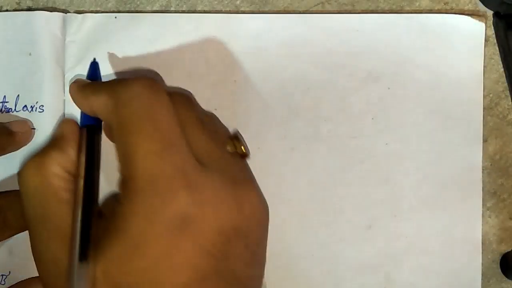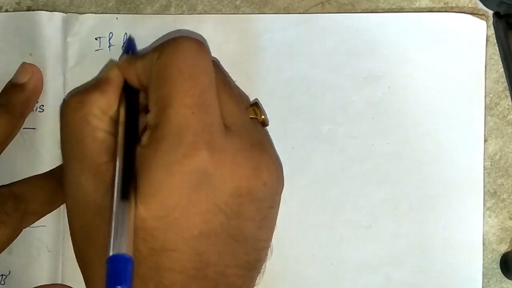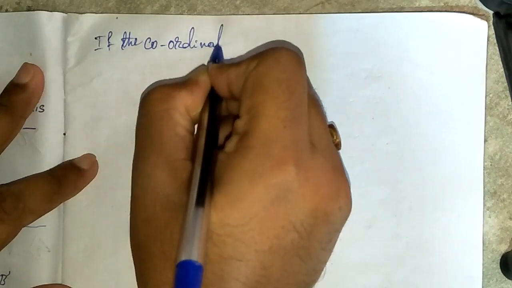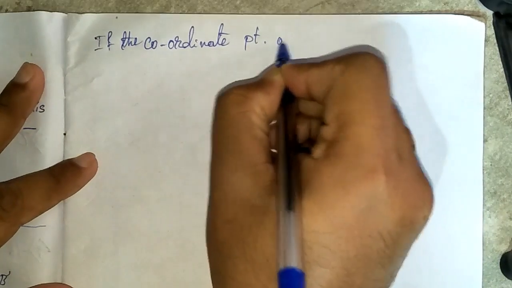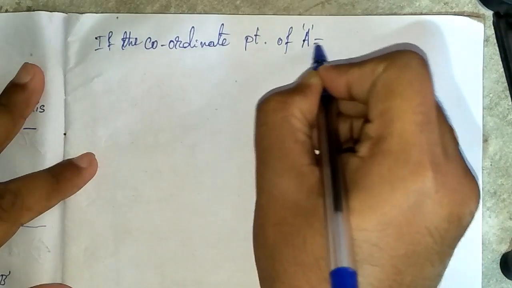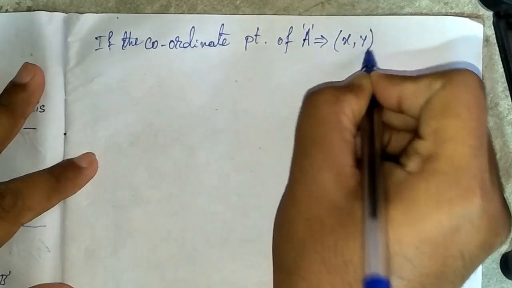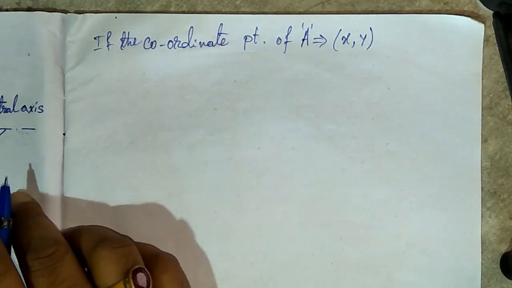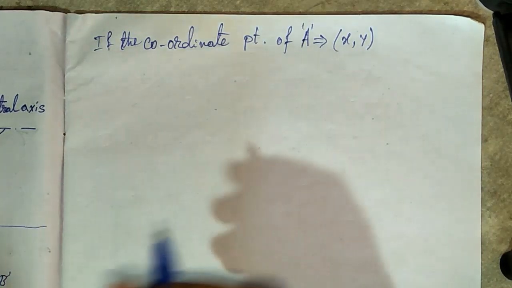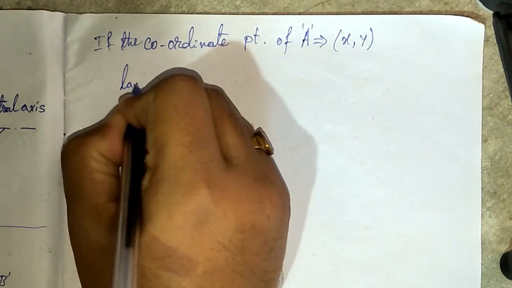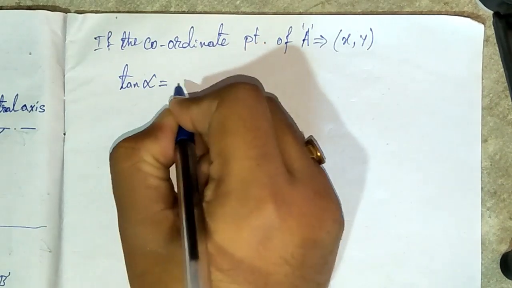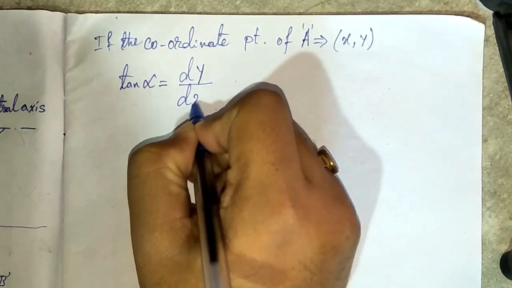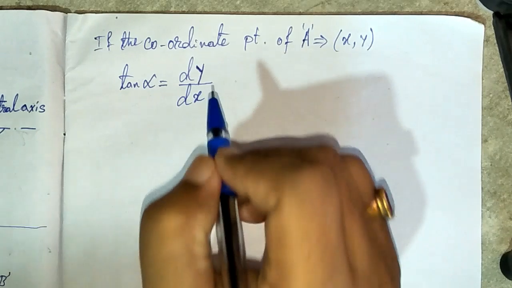Now if the coordinate point of A is x comma y, we can write tan alpha equals dy by dx, and this comes from the geometry.